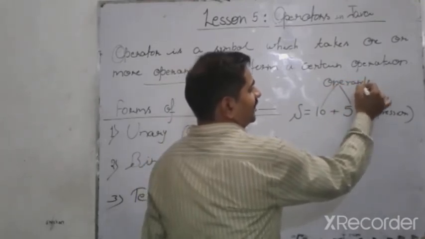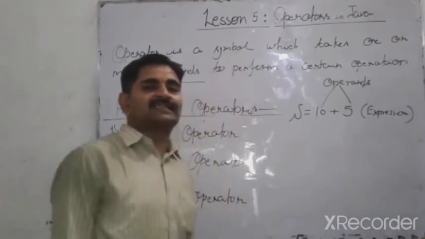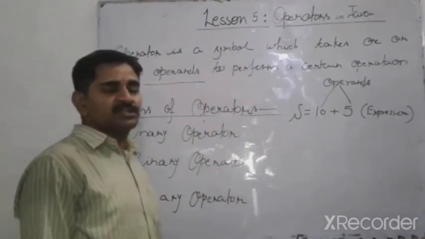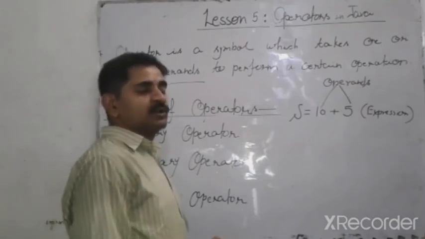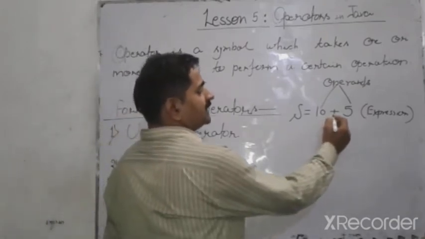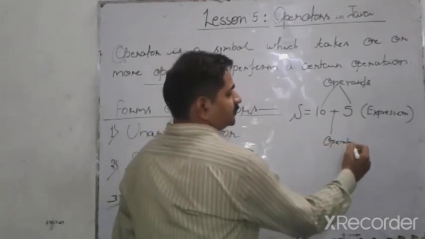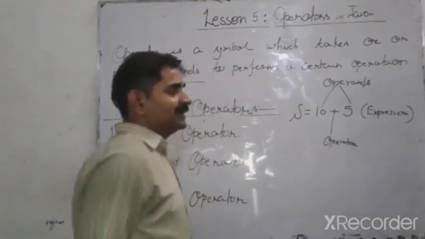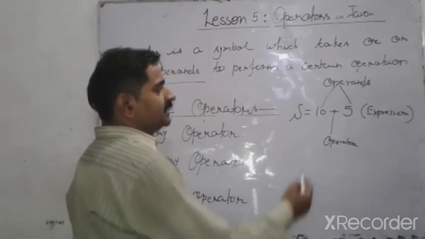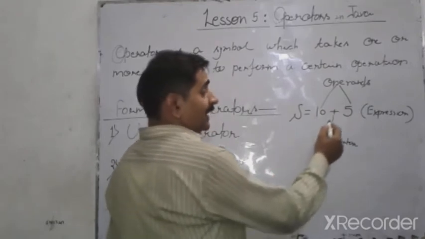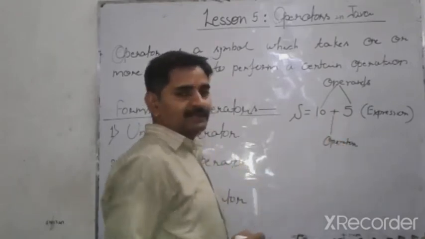So how can we define the term operands? We can say operands are the values on which an operation is going to be performed on the basis of an operator. So here in this expression you can see there are two operands, 10 and 5, and plus is the operator.